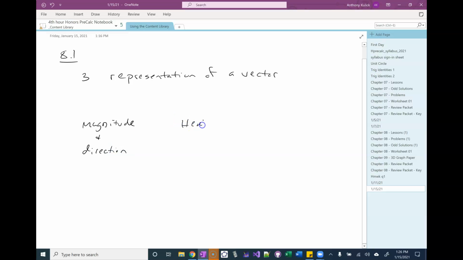You had head and tail, as points. And then you had component form. And then we would have talked about how to move back and forth between these three forms.